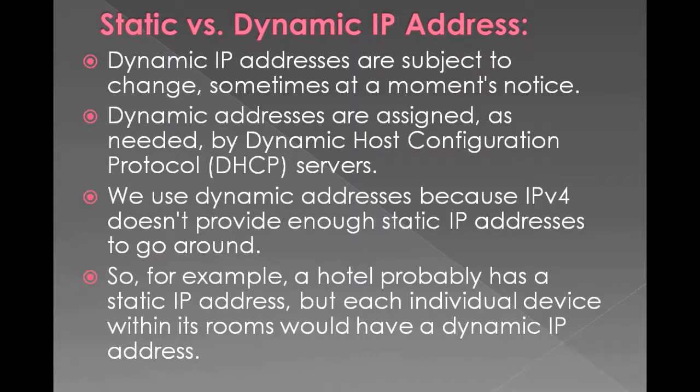For example, a hotel probably has a static IP address, but each individual device within its rooms would have a dynamic IP address. The overall IP address of the hotel would be the same. That is also known as the subnet mask. Whereas in each room, every device would have a different public IP address or a dynamic IP address.